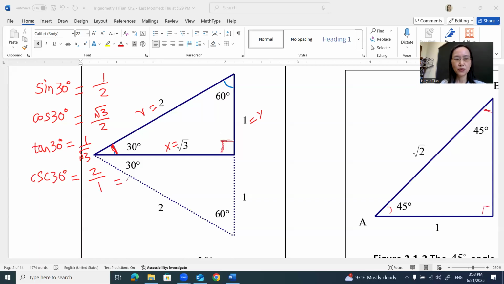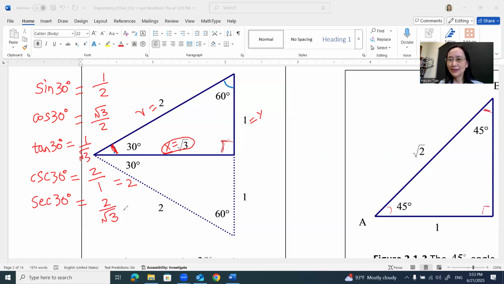So 2 over 1 is 2. Continuing, we do the secant of the 30-degree angle. Secant is r over x, the hypotenuse over the side adjacent to the 30-degree angle, square root of 3.